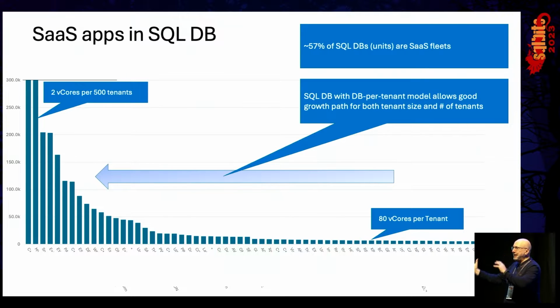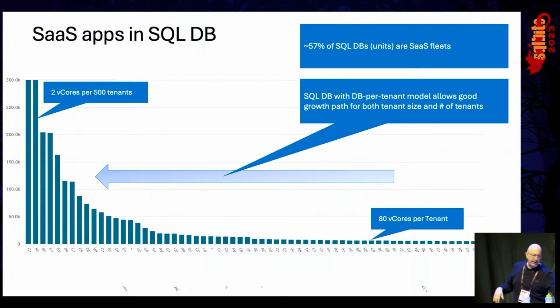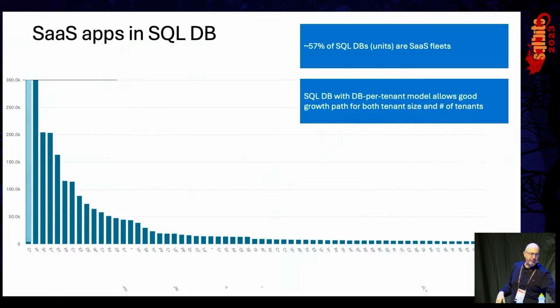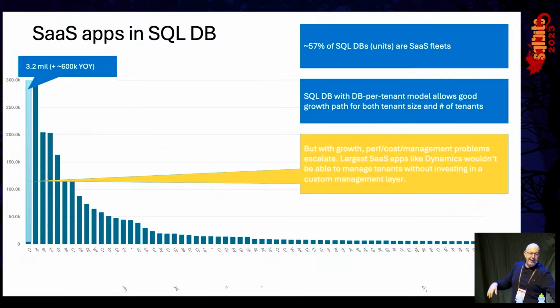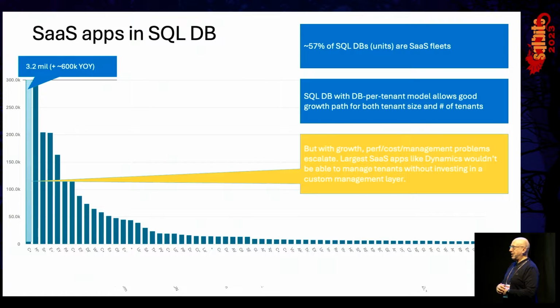And SQL DB is offering the flexibility to essentially host both ends of this spectrum in terms of size, right? But at the same time, the more you grow in terms of number of tenants, the more you need to automate, right? The first line in this chart, I can talk about that because that's our own Dynamics 365 internal solution, and these data points are actually public.